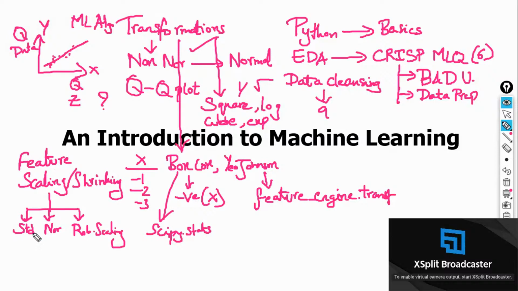So I'll start with the first one, standardization. What is the formula that the standardization technique uses? X minus mean by sigma.